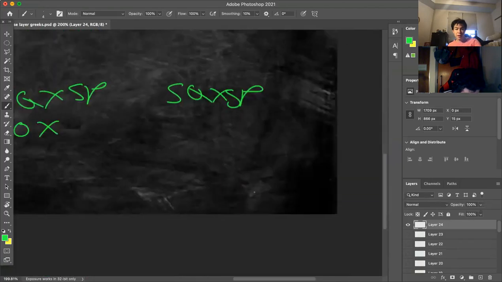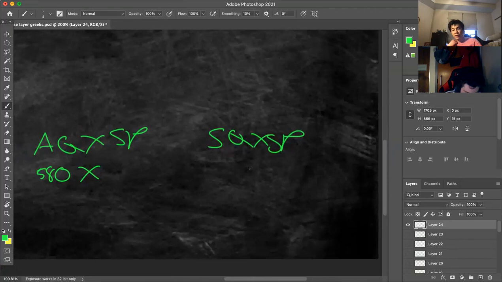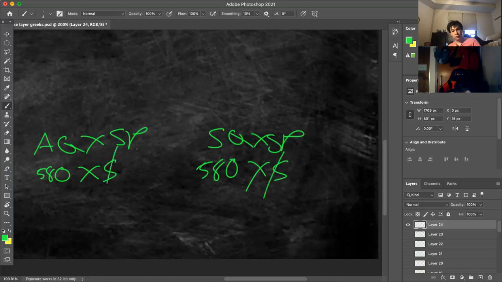And then what is the flexible price? SQ times SP, is that the 0.62 times? Sorry, static's not in this, it's the flexible.